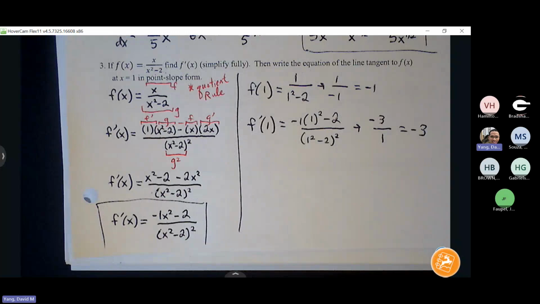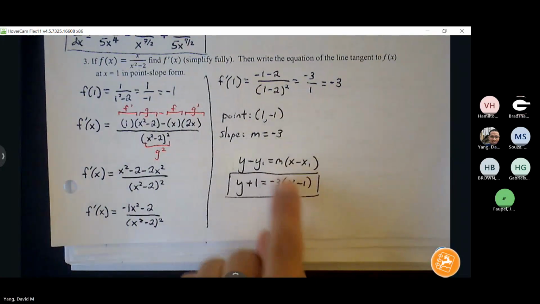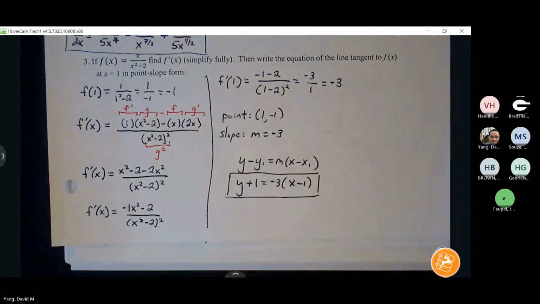Okay, everybody good with finding the ordered pair, finding the slope, knowing which function or what the function derivative gets back in return and how to interpret it. Okay, so once you have your ordered pair and your slope, point-slope form, that's your equation.